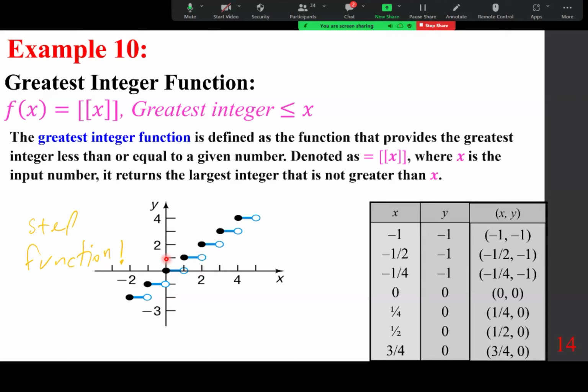The answer is just 1. If I look at this one, you can see that from 4 to 5, the answer is 4. The moment you hit 5, it goes up. So if I hit 5, I get to that point. That is the idea behind the greatest integer function.